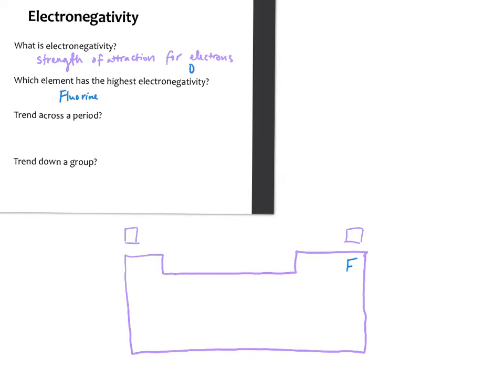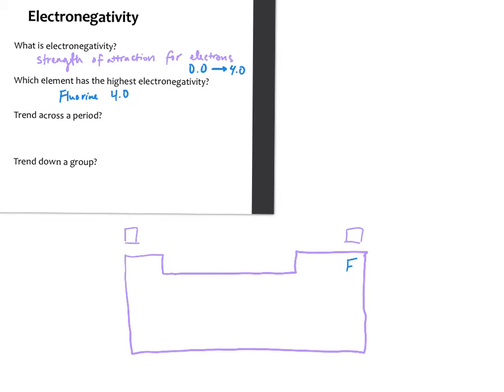It's measured on a scale of 0.0 to 4.0, with 4.0 being the highest. This isn't something you could measure exactly with a tool. It's a scale relative to all the elements. They rank all of these elements together from 0 to 4. So fluorine has the highest electronegativity.